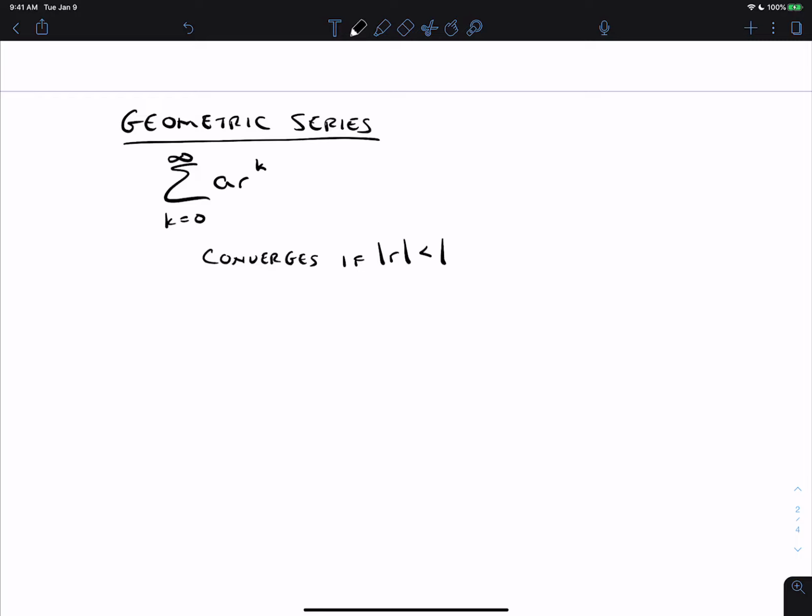So that means r is less than +1 and it's bigger than -1. It diverges otherwise. So it diverges if the absolute value of r is greater than or equal to 1. And when it converges, it converges to a over 1 minus r.